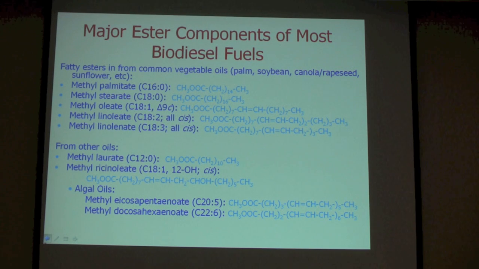And then from algal oils, you can get what you might call highly polyunsaturated fatty acid methyl esters, like methyl icosapentaenoate or methyl docosahexaenoate. It's even more carbon atoms in the chain, but a lot of unsaturation. Next slide, please.